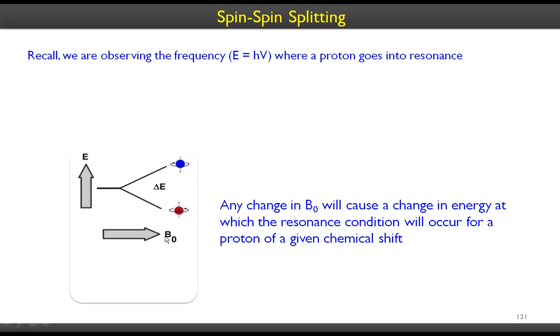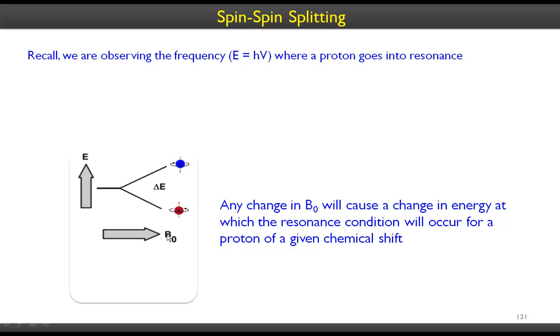If for some reason something increases this magnetic field, that would cause a higher energy difference. The local magnetic fields that surround the nucleus would be causing those effects. The external magnetic field is constant, mind you. This is the magnet that we have in the NMR room, right? This is a superconducting magnet with a fixed strength of the magnetic field.